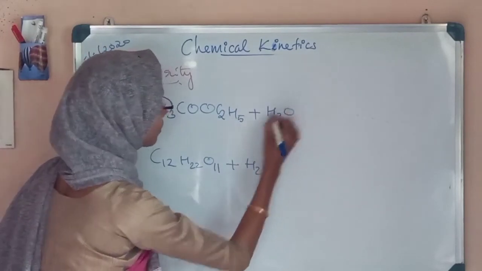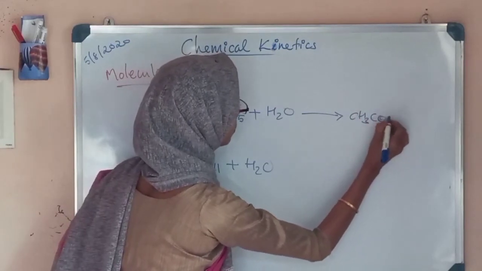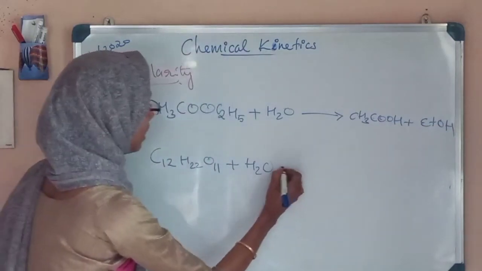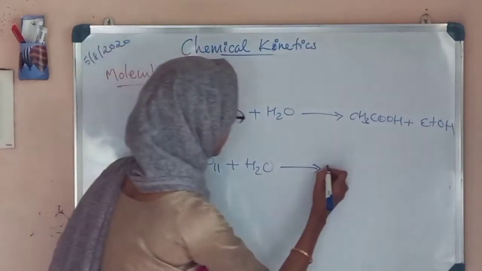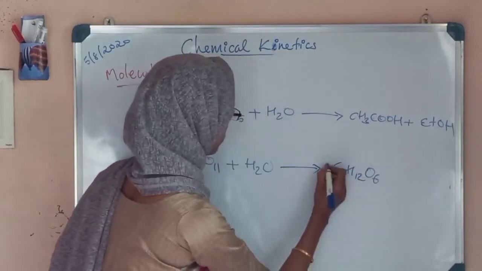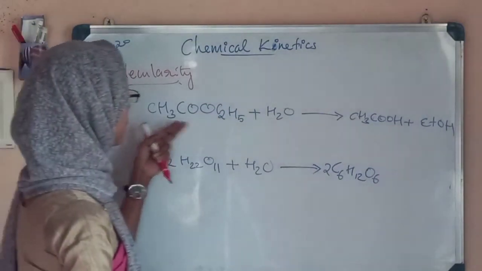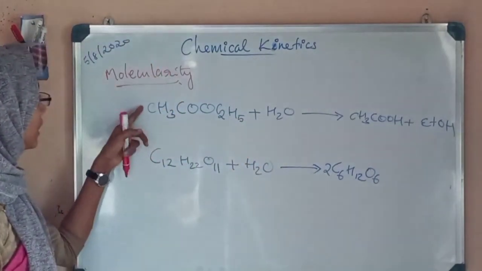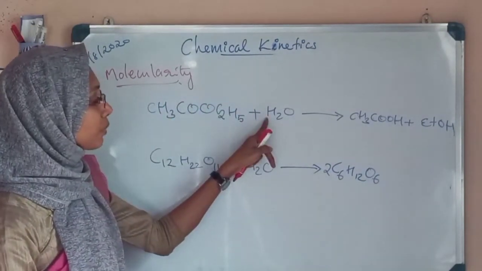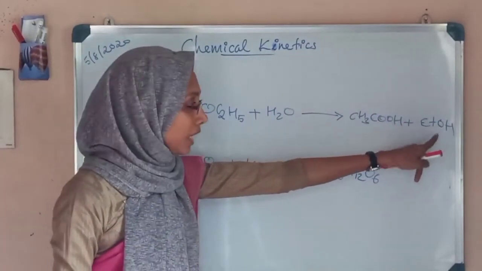Here it is also hydrolysis, and we get acetic acid, CH3COOH, plus ethanol. And here we get 2 molecules of C6H12O6. Here the molecularity is equal to 2, that is, 1 molecule of ester reacts with 1 molecule of water to give 1 molecule of acetic acid and 1 molecule of ethanol.